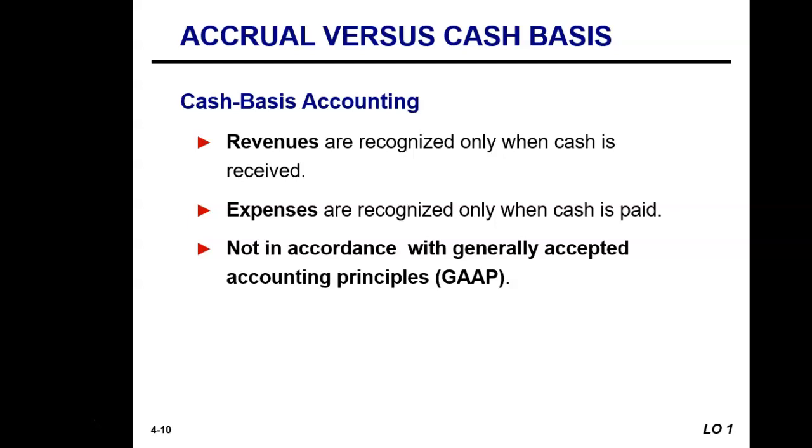But with corporations, when company A buys from company B, they receive what's called credit terms that allow them to pay for items over time. So the cash basis is not the best accounting system for public corporations because there are a lot of transactions that would not be recorded in the same accounting period because cash was not exchanged in that particular accounting period.